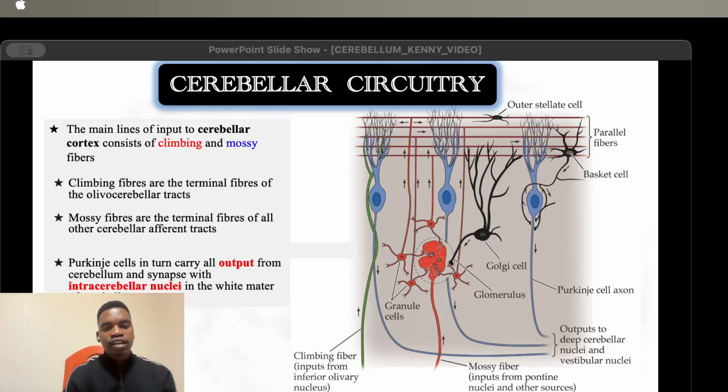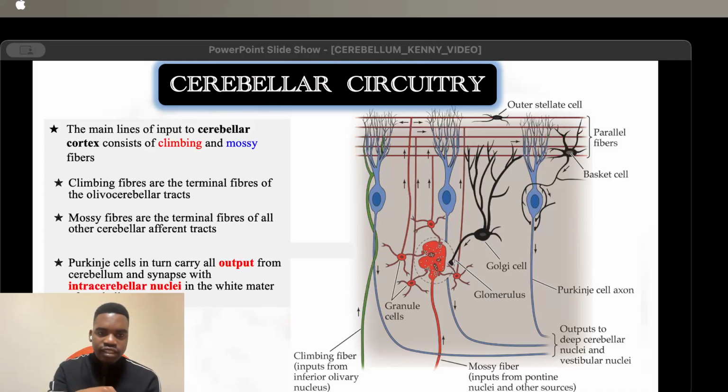A neuron is divided into cell body and appendages like dendrites and axons. But it is the function of the cell body, which contains the nucleus, that defines the function of the neuron.